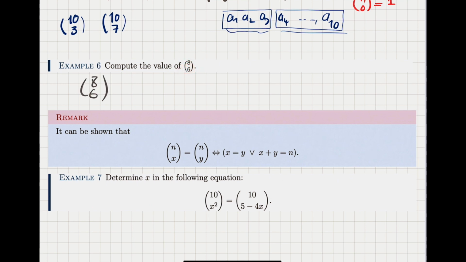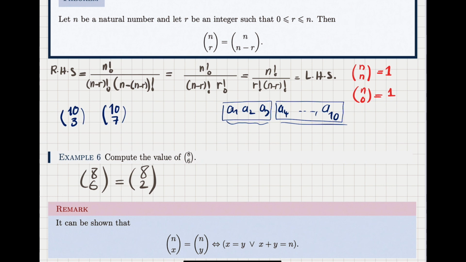For example, instead of 8 choose 6, I can write 8 choose 2. I want you to understand immediately why these 2 numbers are equal. This is the content of this theorem. This tells you that as soon as you have these 2 numbers that add to the top number, these 2 are the same, regardless of which one you prefer to argue, combinatorial argument or analytical argument.